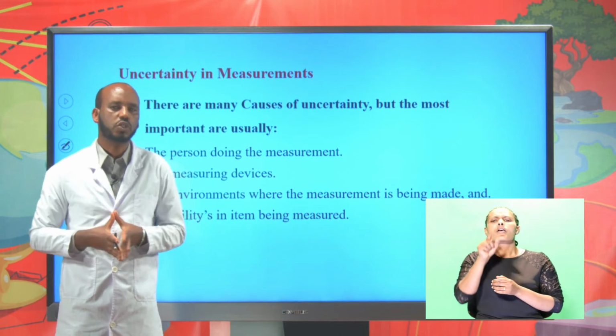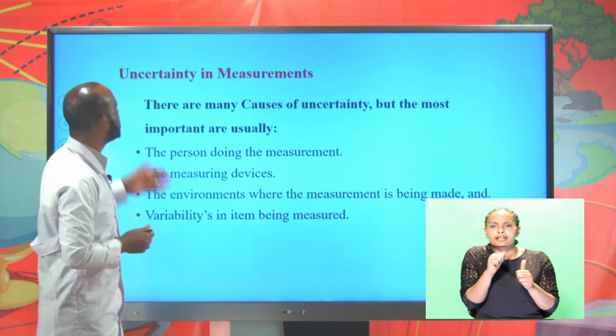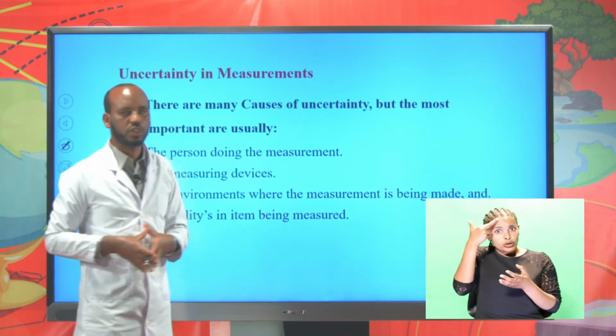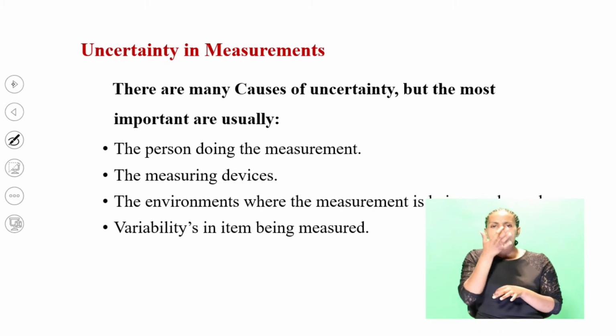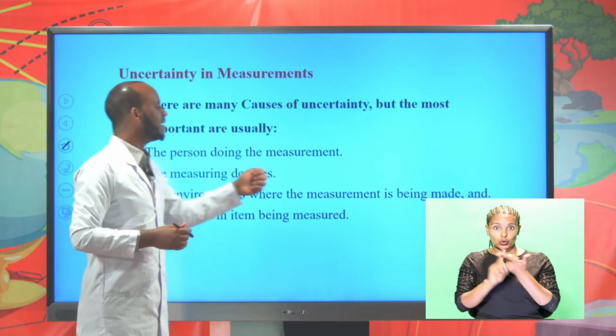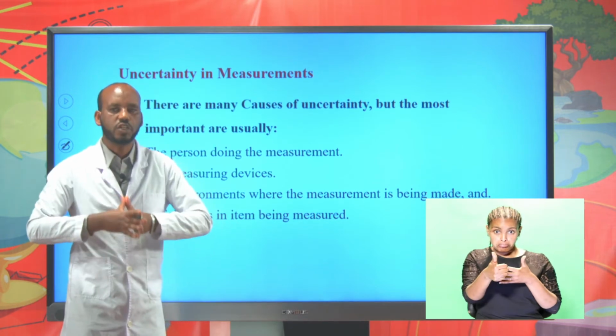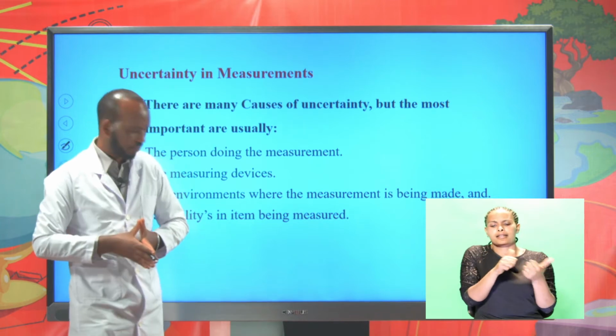Therefore, what are the causes of uncertainty? There are many causes of uncertainty, but the most important are usually: one, the person doing the measurement is one cause of uncertainty. Two, the measuring device itself is a cause of uncertainty in measurement.